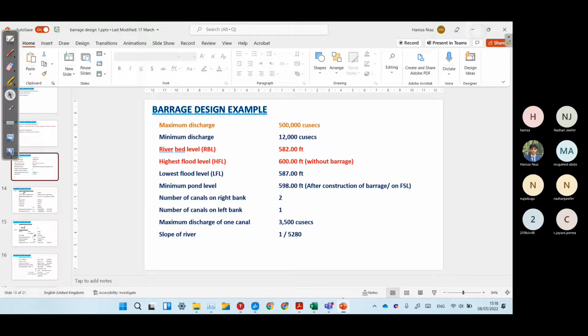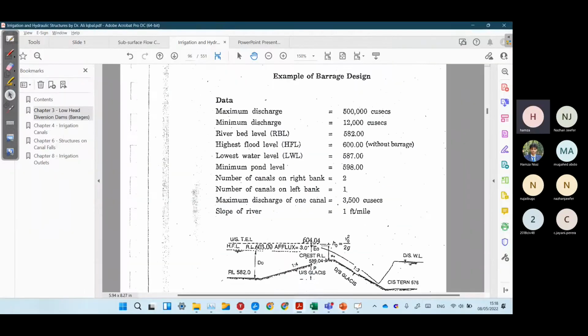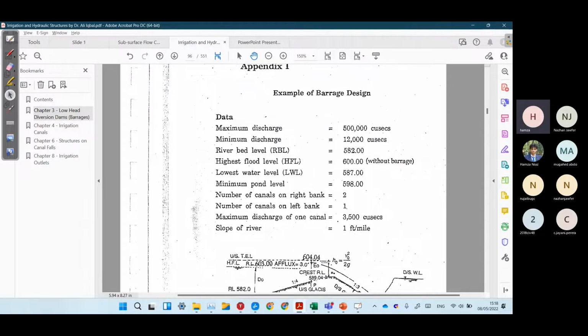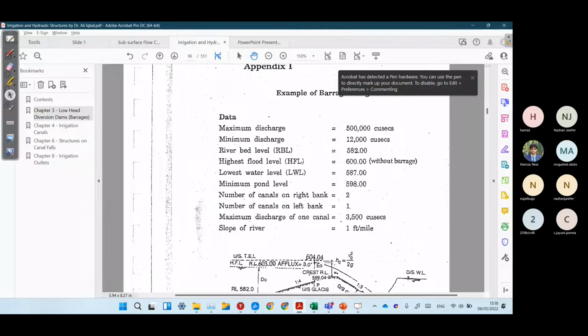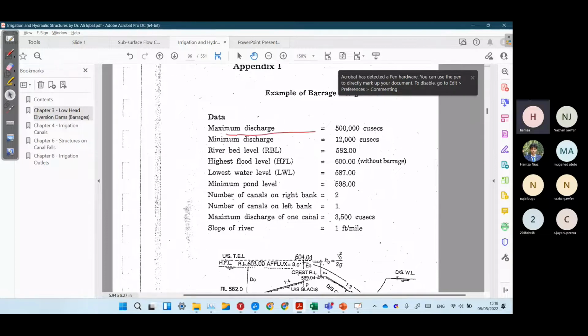So this is the given data. We are given the maximum discharge for which we have to design our barrage, the minimum discharge, river bed level, highest flood level, lowest water level, and minimum pond level.